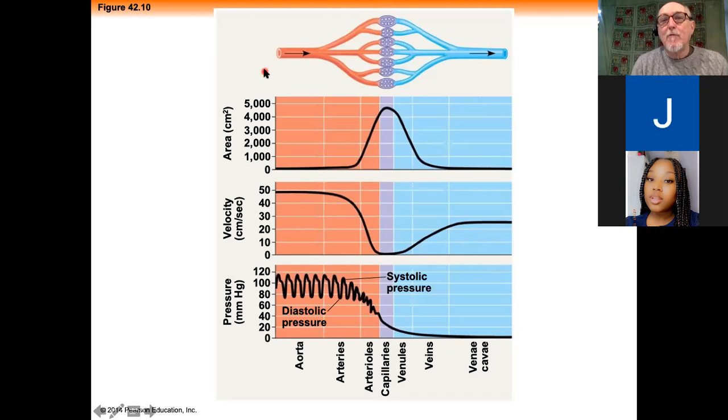So we've got blood moving fast. We've got blood moving slow. What happens here? If I've got blood moving very fast through the arteries here, and I suddenly stop it, what is that like?